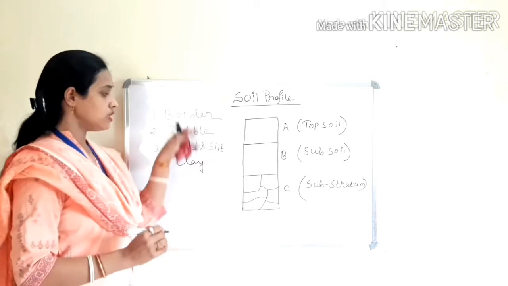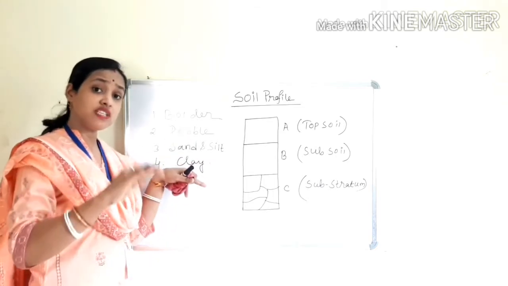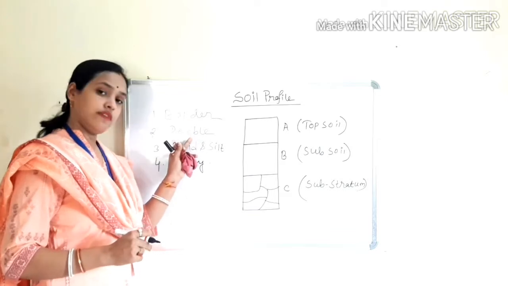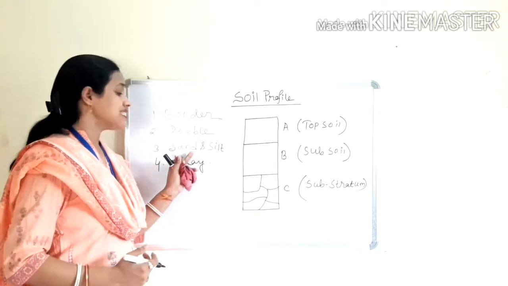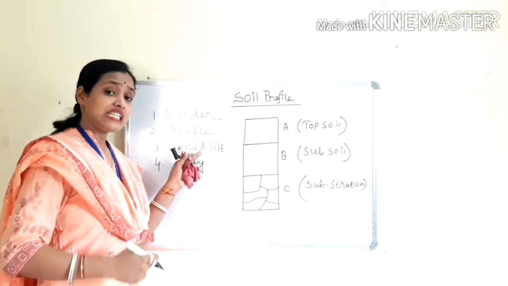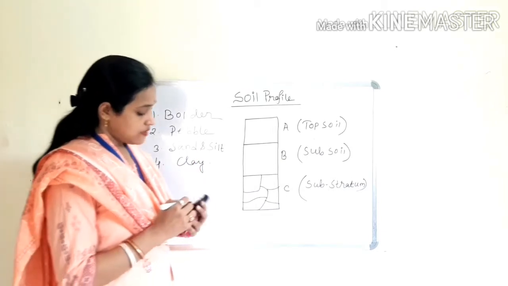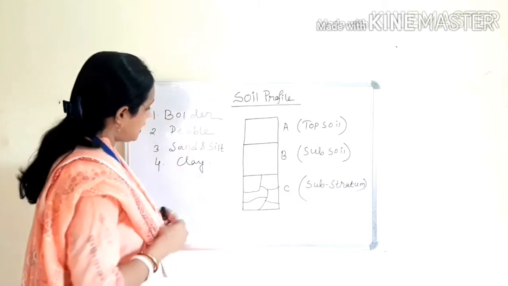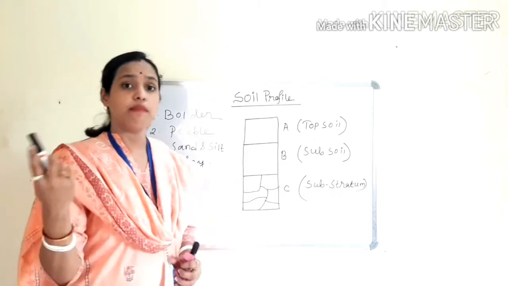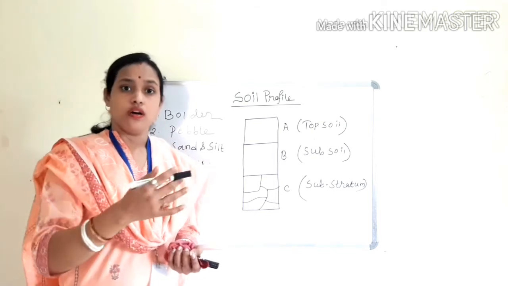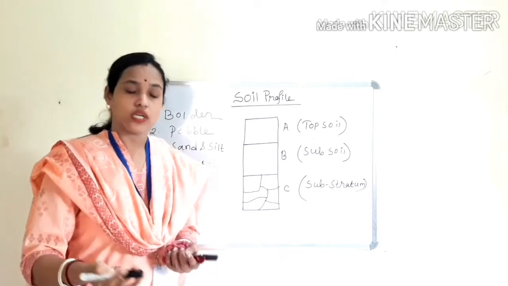That means boulders are larger than pebbles, pebbles are larger than sand and silt, and sand and silt are larger than clay. It is very important that in C layer we find boulders which come from parent rock through the process of weathering or erosion.